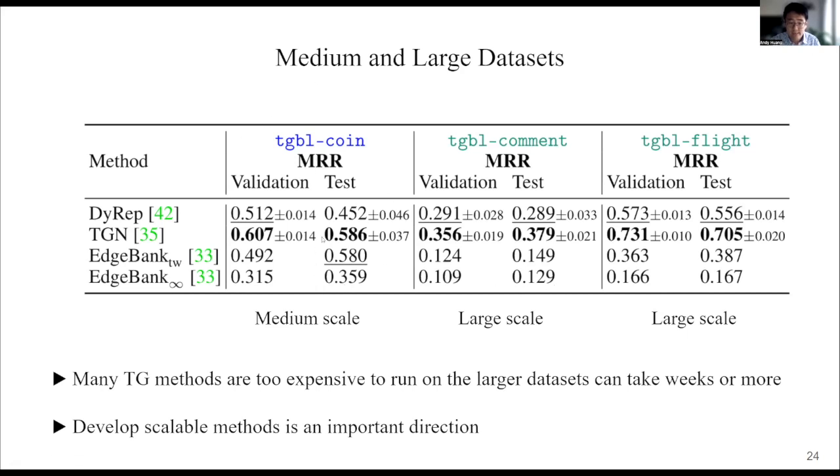However, on the coin data set, the edge bank has the second best performance on the test set. Also, many of the previous methods are too expensive to run on these larger data sets. One important direction is to either improve the code scalability or to design more efficient methods.